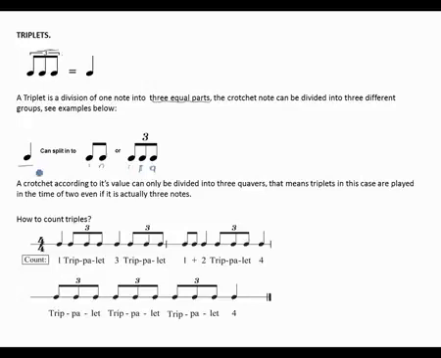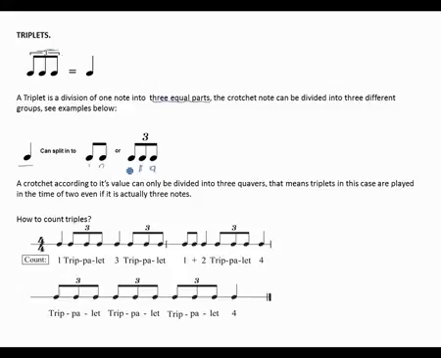So this is a crochet: 1 and, 1 la li, or 1 and a. A crochet, according to its value, can also be divided into three quavers. That means triplets in this case are played in the time of 2, even if it is actually 3 notes.